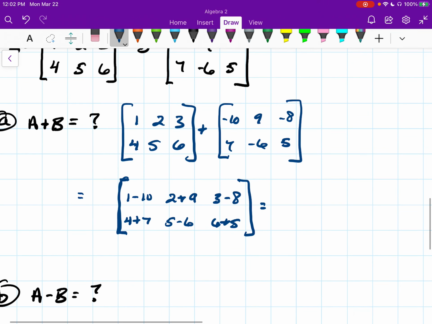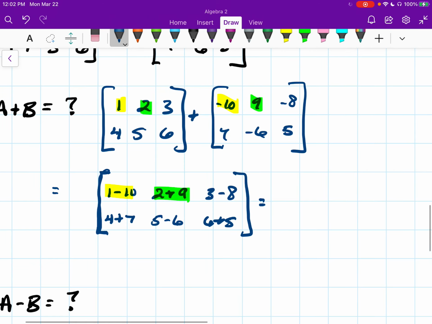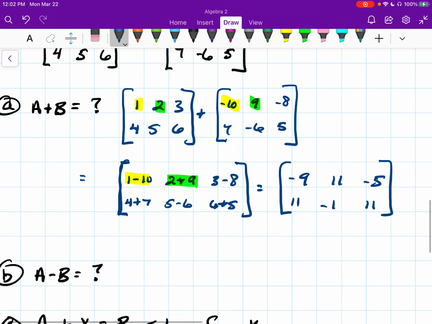All I did there is I wrote them as the plus and the minus together, right? My final answer here gives me negative 9, 11, negative 5, 11, negative 1, and another 11. A bunch of 11s. So this here is my answer.